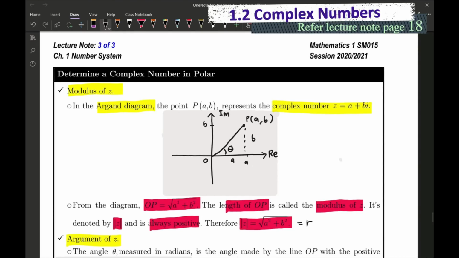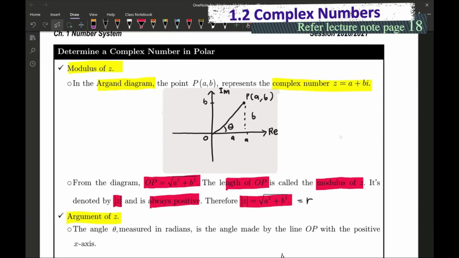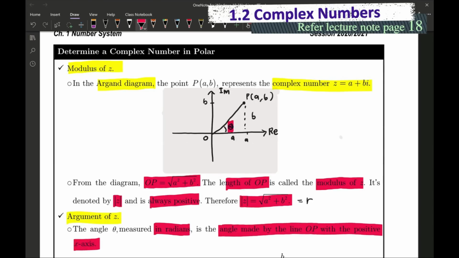Then we have the argument of z, which is equal to theta. This is the theta that we are talking about. It is measured in radians, and it is the angle made by the line OP with the positive x-axis.